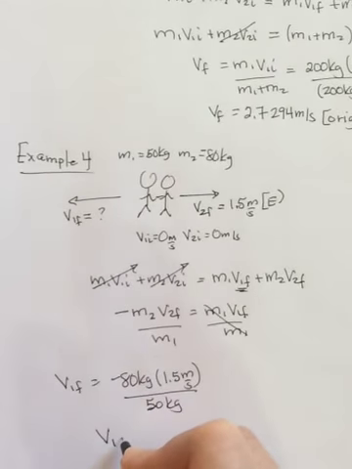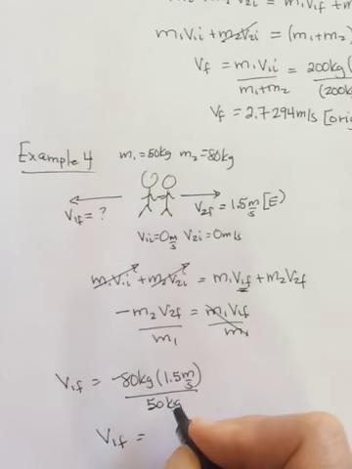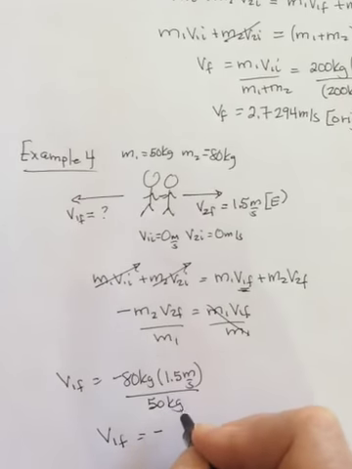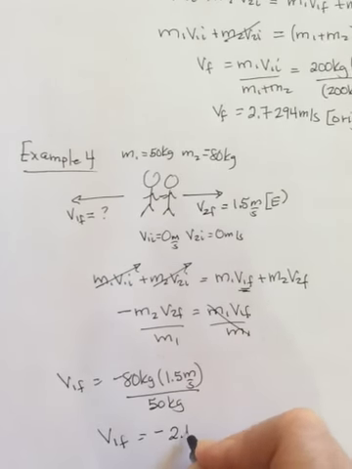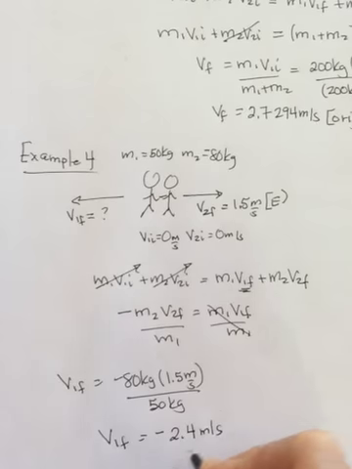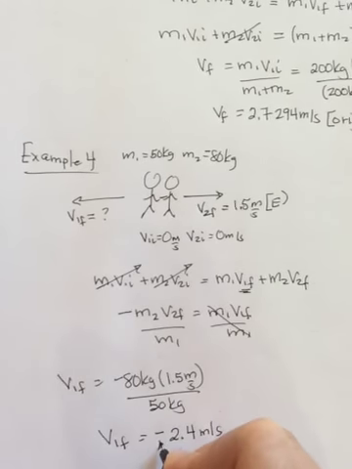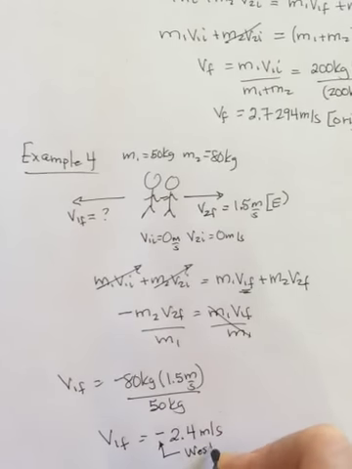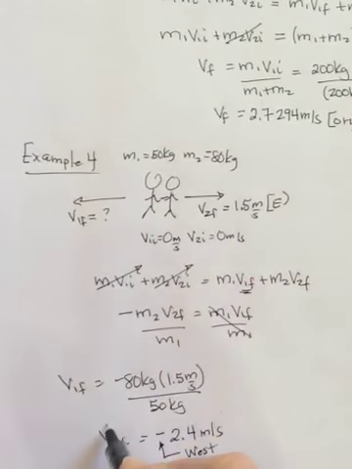And when you do this, you get V1F to be negative 8 over 5, 3, 2.4 meters per second. What does this negative mean? It means west, because the other one was going east, right?